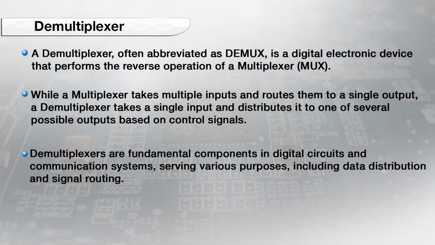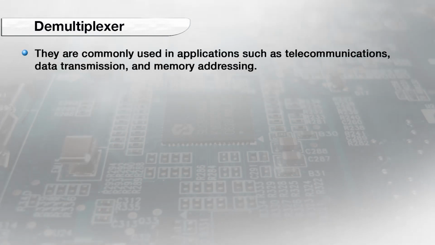Demultiplexers are fundamental components in digital circuits and communication systems, serving various purposes including data distribution and signal routing. They are commonly used in applications such as telecommunication, data transmission and memory addressing.